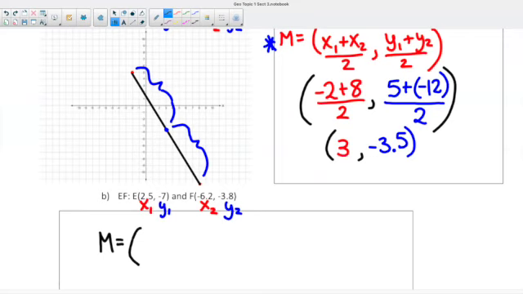We have for the x's 2.5 plus -6.2, and we're going to divide that by 2.